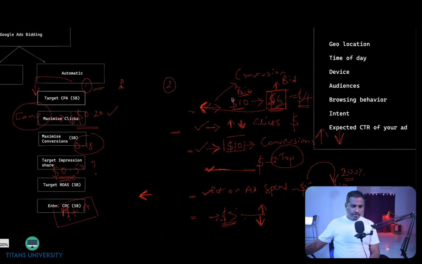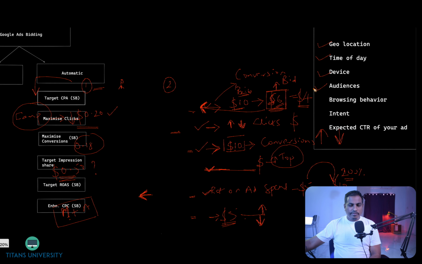For Google to make sure it shows your ads at a particular position, whether top of the page or on the first page, it looks at these metrics: the geographic location that you're targeting, and the time of the day. Is it the end of the day, middle of the day, beginning of the day? What device is the audience searching on? Who have you targeted as your audience?